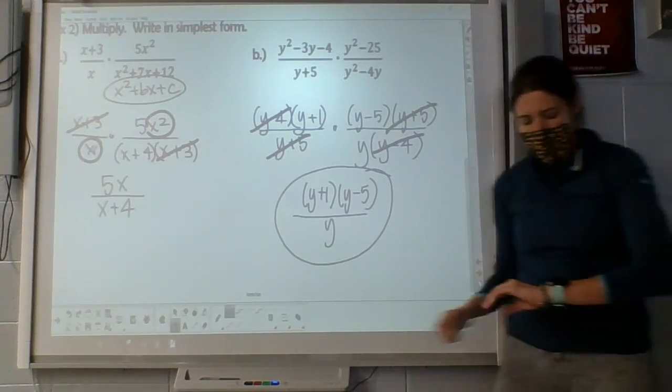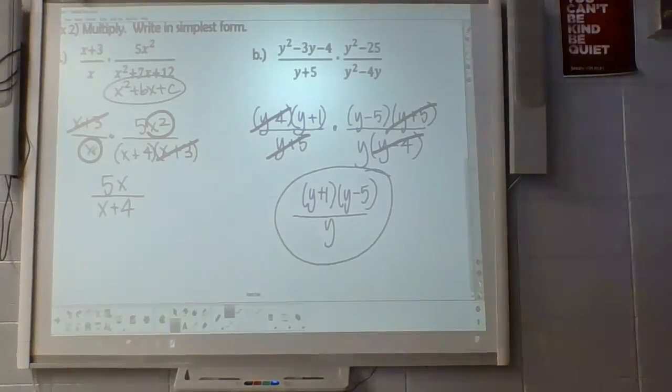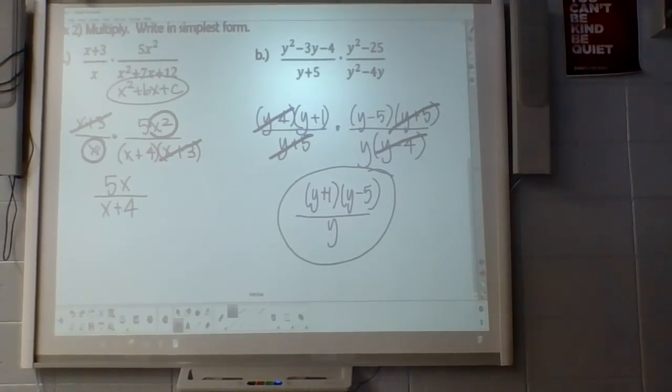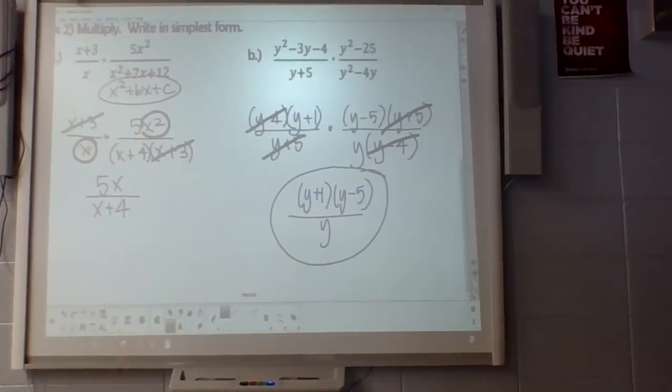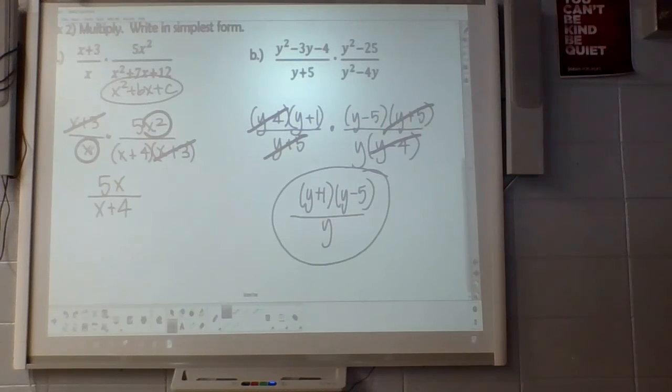Do you guys want to go outside? Why don't we grab whiteboards? Do you want to do Would You Rather? Would you rather do whiteboards or Would You Rather? Voted outside.